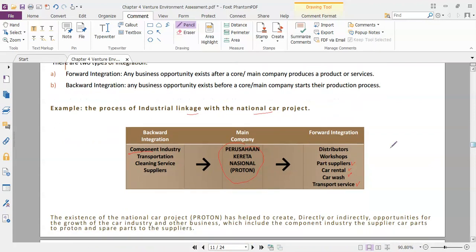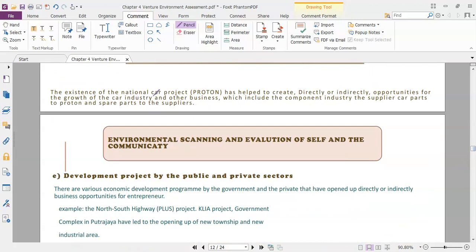Itu maksudnya industrial linkage. The existence of the national car has helped to create directly or indirectly opportunities for the growth of the car industry and other business, which include the component industry, supplier car parts to Proton and spare parts to the supplier.